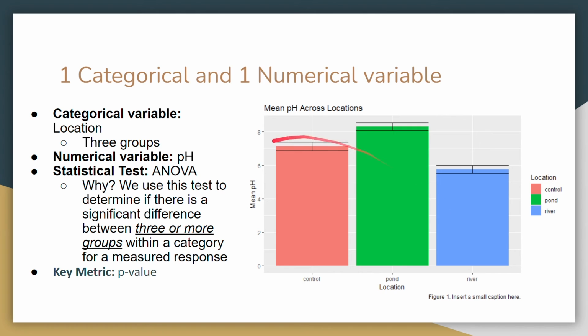So with all of these statistical analyses, we want to have a very large sample size, so the number of samples that you collected. Because in any statistical analysis, you want to have a good representation of your data for a category or a variable.